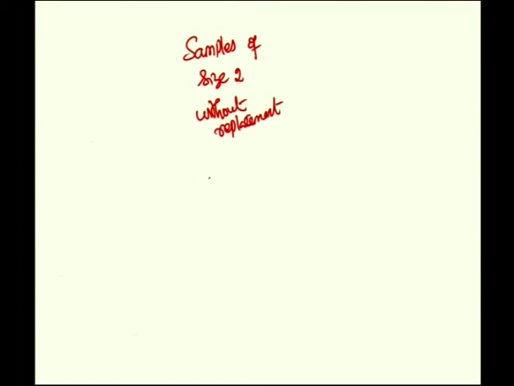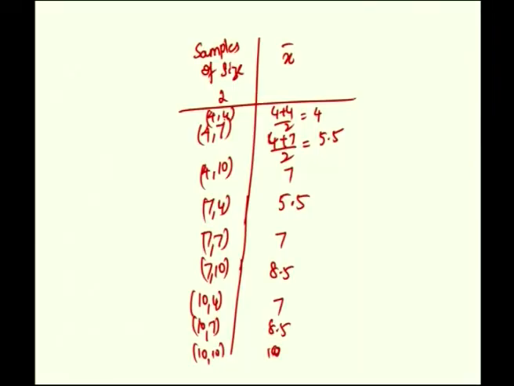Without replacement, in the sense 4, 4 will not appear. Once 4 is taken, 4, 7, 10 are the 3 values in the population to be considered for sampling. Sampling is done without replacement, so once 4 is taken, 4 again will not be considered. So, 4, 4 as in the samples of size 2 with replacement will not come.